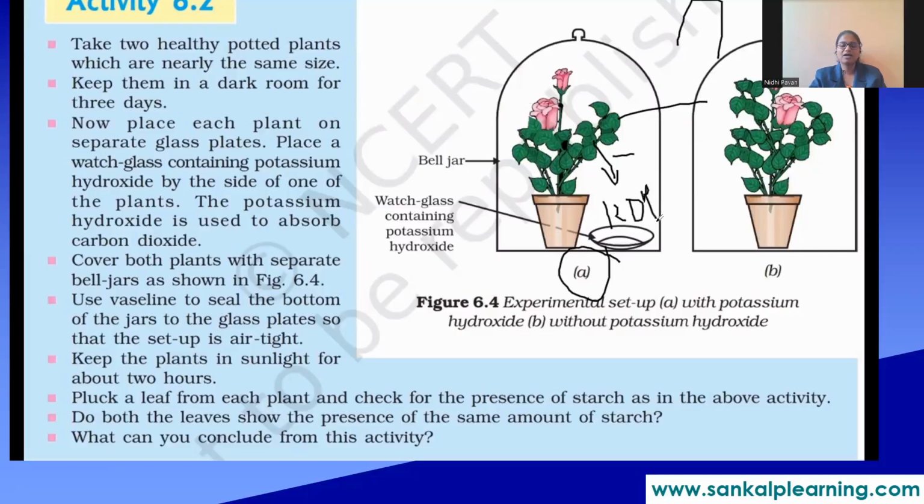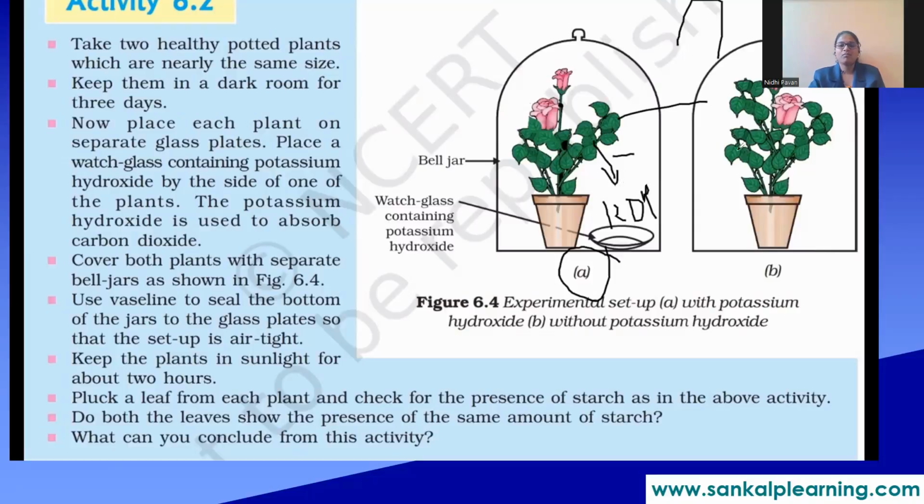When there is no carbon dioxide, there is no photosynthesis. Like when there is no tea powder, there is no tea; if there is no carbon dioxide, photosynthesis will not take place. The carbon dioxide entering or already present near the plant is absorbed by potassium hydroxide.